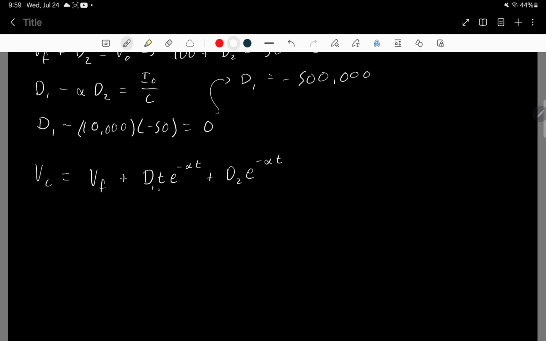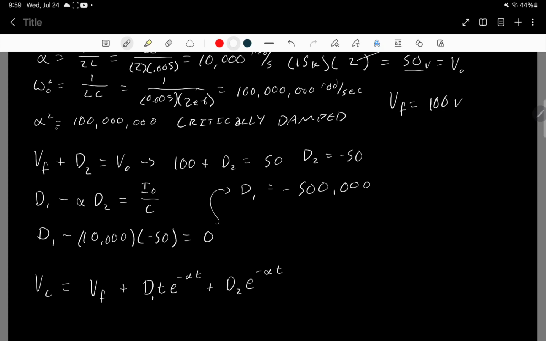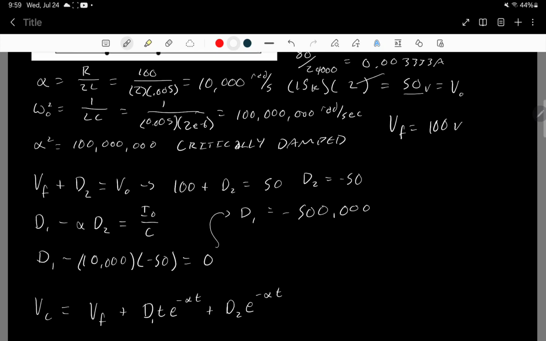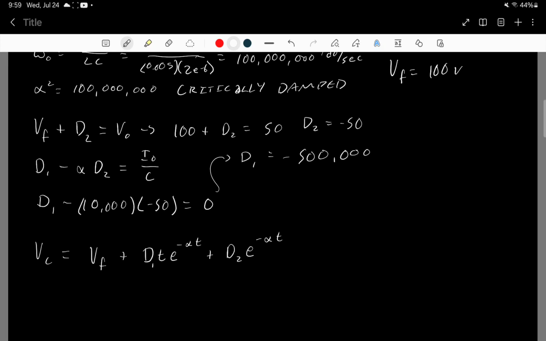The reason for this extra t here is because in the case of critical damping, your alpha and omega values are the same. So what you have there is referred to as a repeated root, and we need to have this t in here to make the solution to the differential equation work, essentially.